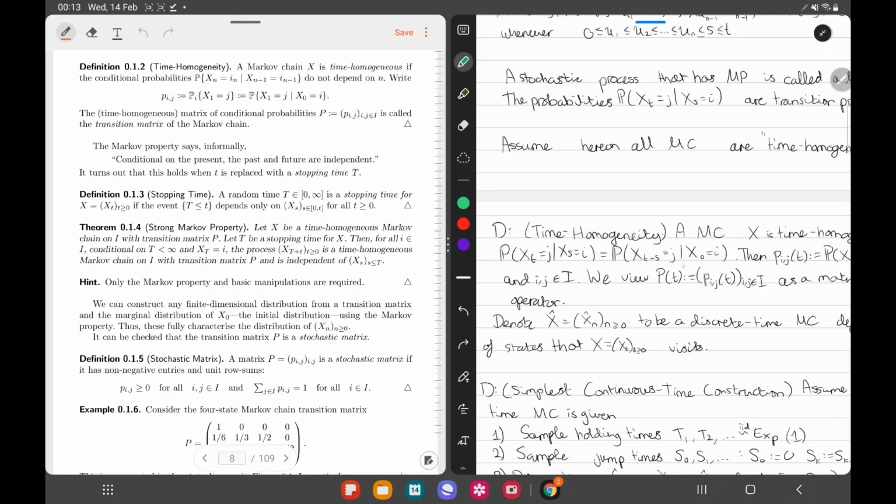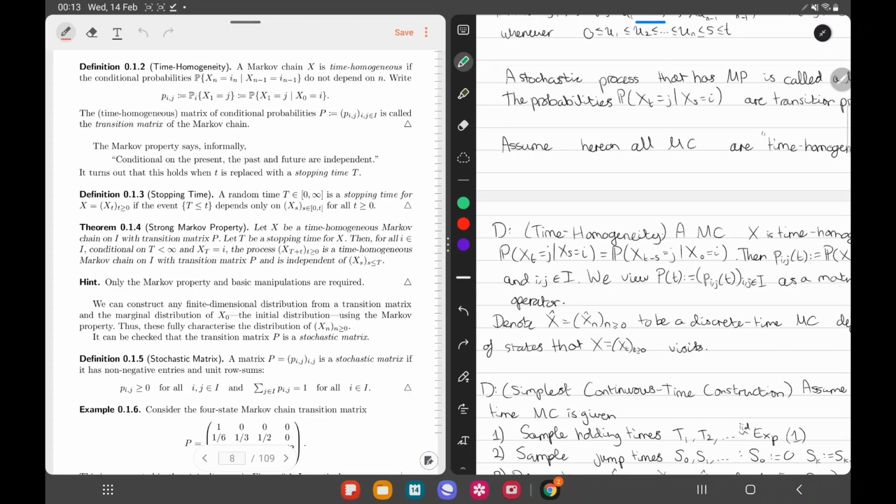Hopefully those probabilities stay the same. So it doesn't matter how much time actually happened before jumping; the only thing that matters is the time between jumps, rather than the time where you initially started. So it's time homogeneous, true to its name.